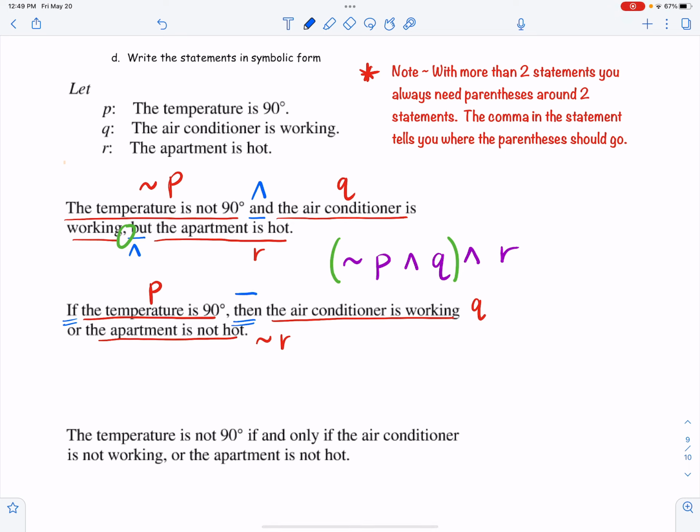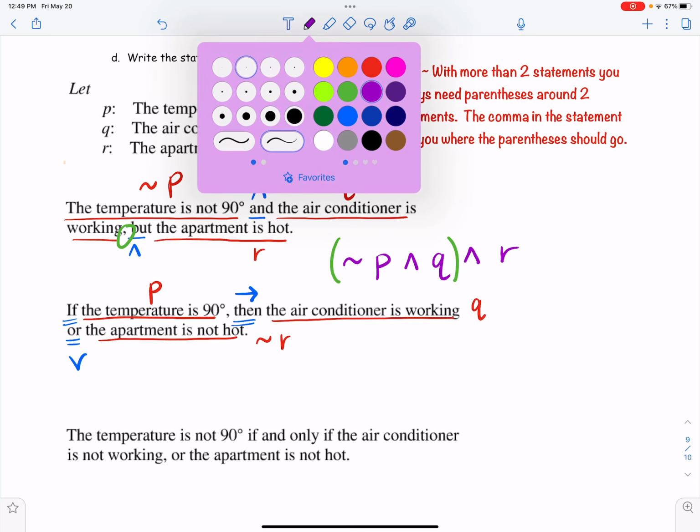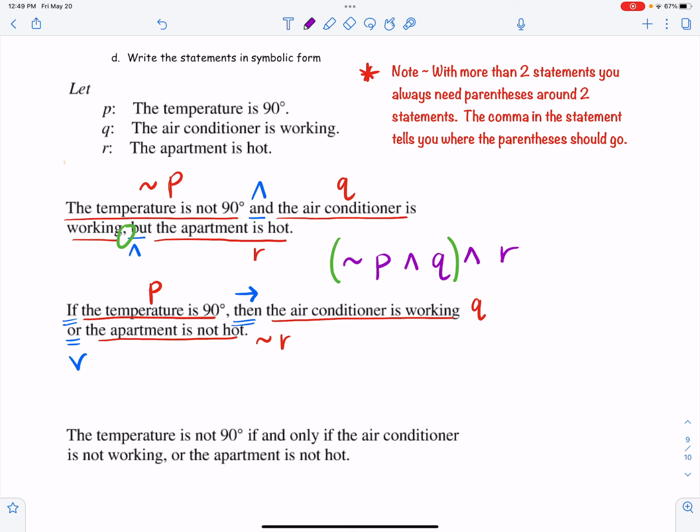If then is a one-directional arrow between those 2 things. And then down here, I see an or, which is the disjunction. So again, I'm going to write what I have first. I've got P, the conditional, I've got Q, or, and the negation of R. All I'm missing now is my parentheses.